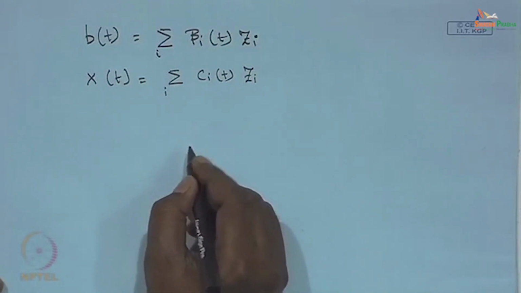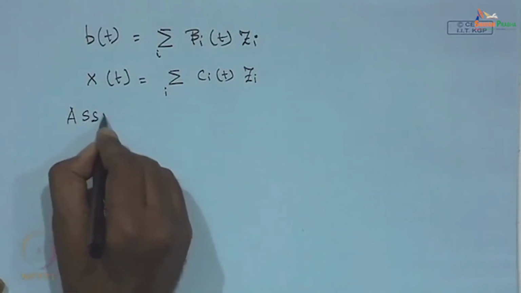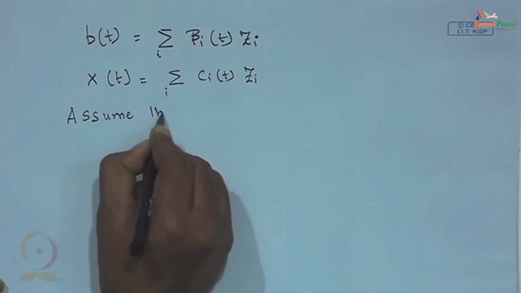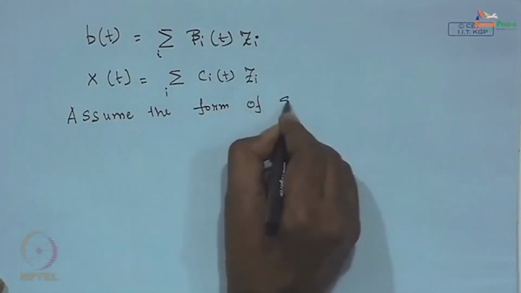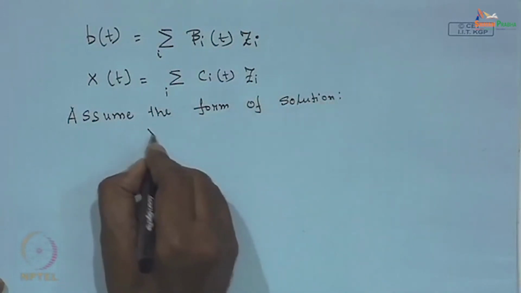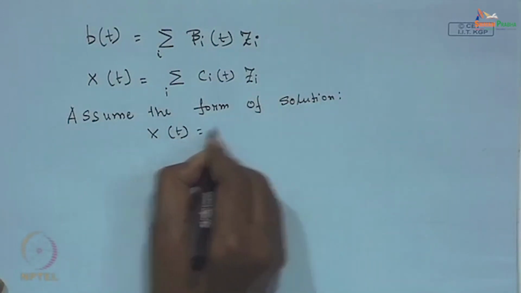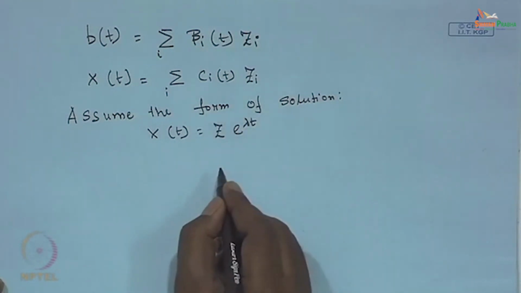So, we have to assume the form of the solution as x(t) equal to z e to the power lambda t.